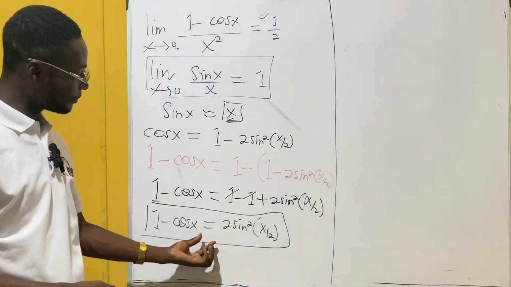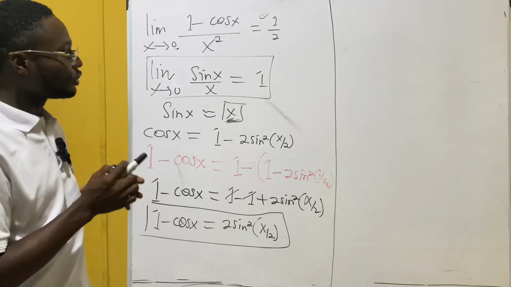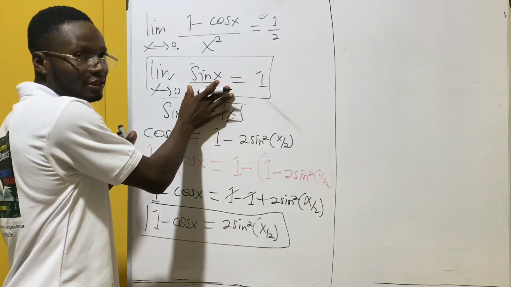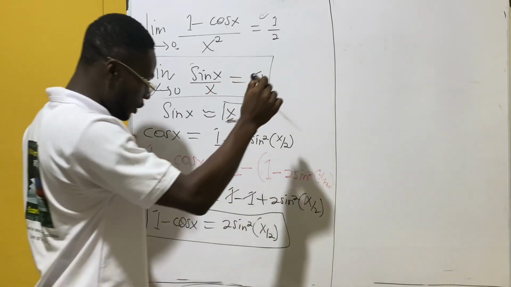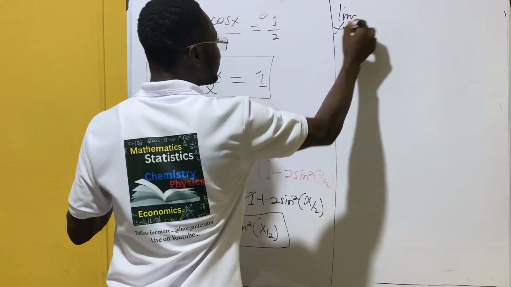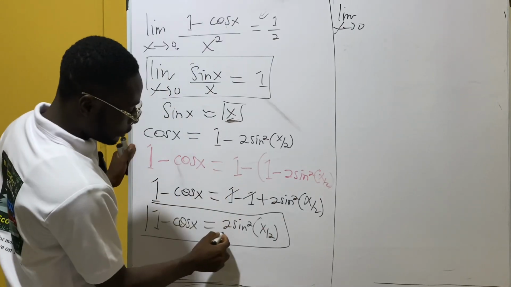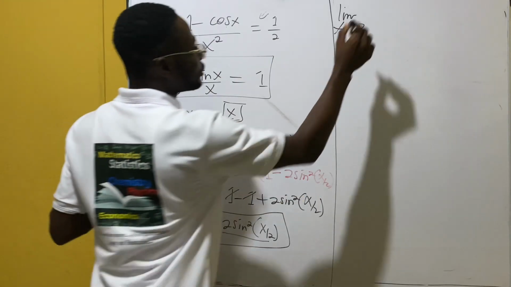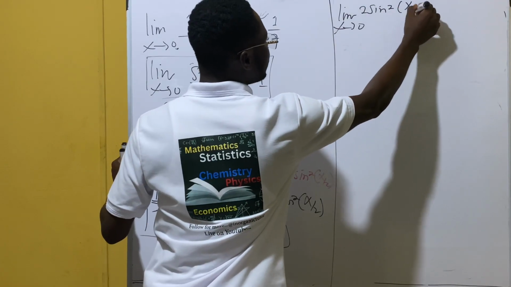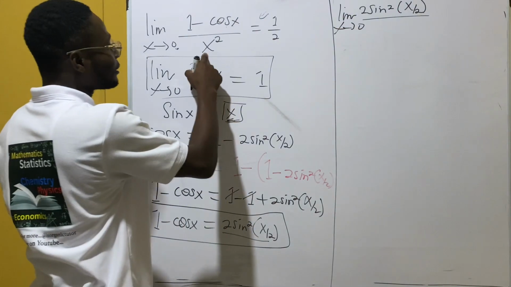So we have seen that 1 minus cos x is equal to 2 sin squared of x on 2. We do this substitution because you want something in the form of the standard limit. So we have this limit as x approaches 0, and we put 2 sin squared of x on 2 all over x squared.